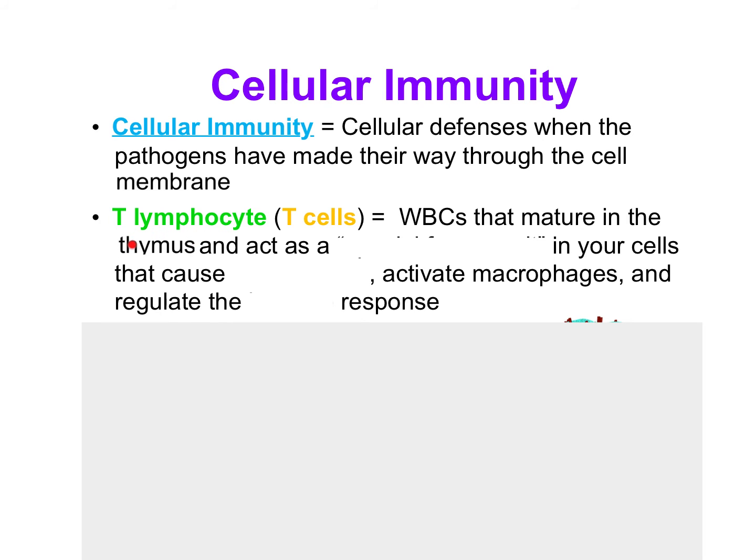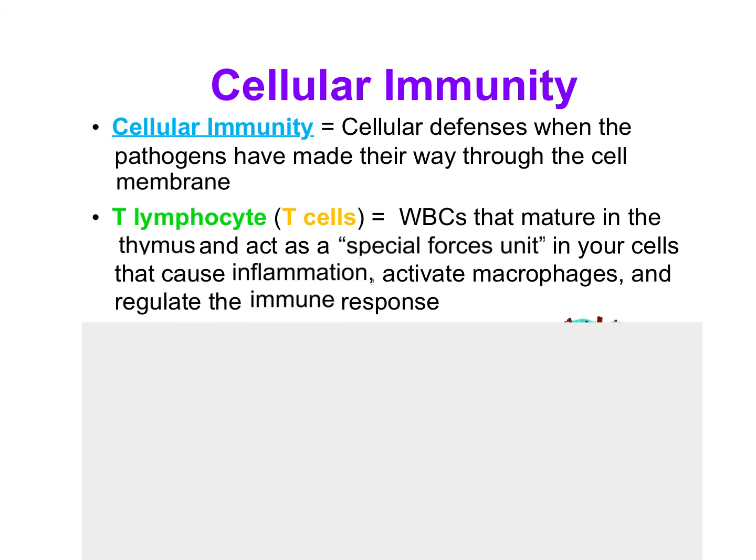This is where they get the name T lymphocytes, because of the thymus. And they are acting as a special forces unit in your cells, and they are causing inflammation to happen. So inflammation is going to activate our macrophages and regulate the immune response. So this process of causing the inflammation is very important for our cellular immunity.